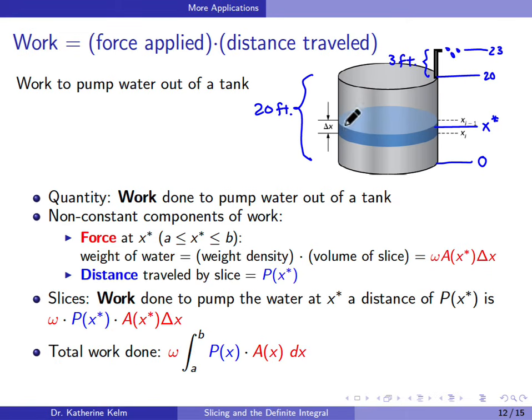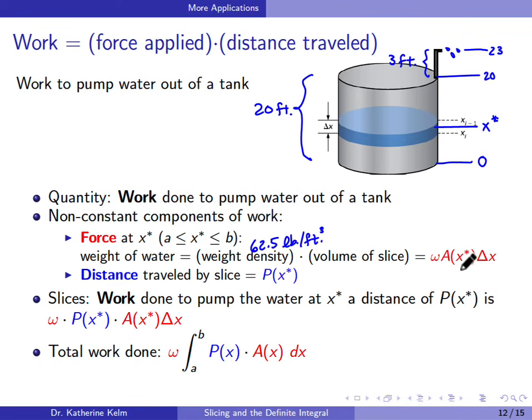The force required to lift this slice of water is going to be the volume of the water times the weight density of water. In the imperial system, this is the one that has feet and inches and pounds, the weight density of water is 62.5 pounds per cubic foot.